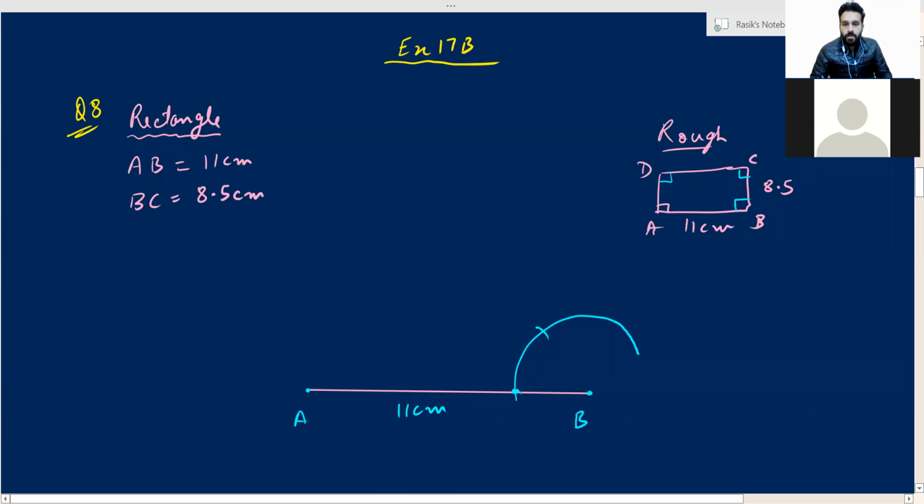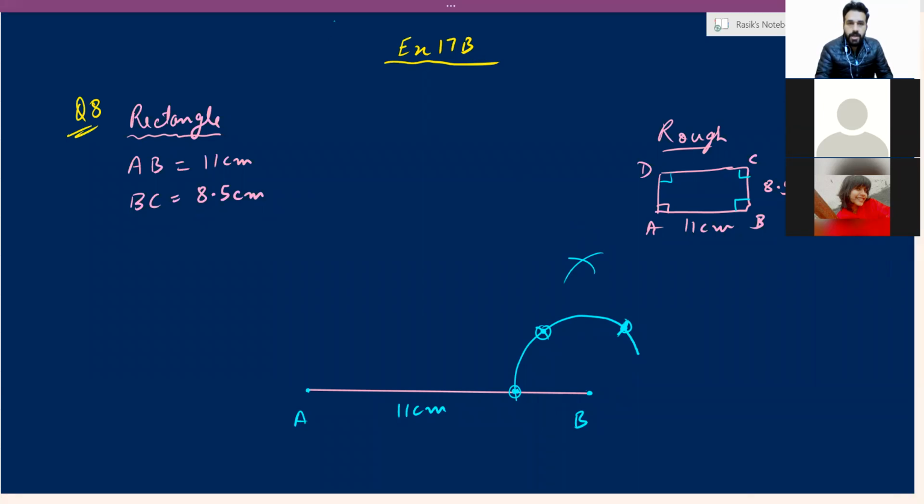Draw an arc from the vertex B. It will be the main arc. Then from this point, draw an arc here. This is 60. Then, without changing the radius, draw another arc here. This is 120. Now bisect 60 and 120. This is the bisector, and when you draw a line, you will get a 90-degree angle.